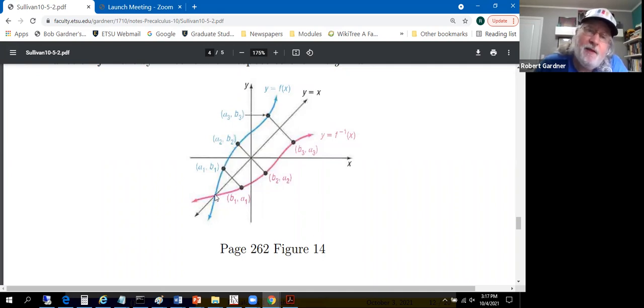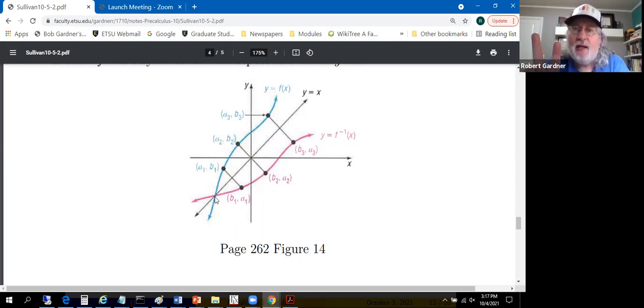By the way, if we get a point on the line y equals x, the inverse function will pass through that same point. Think about it like this. Whatever point this is, I don't know, maybe it's (-3, -3). It lies on the line y equals x. So the x and y coordinates are the same. Maybe it's the point (-3, -3).